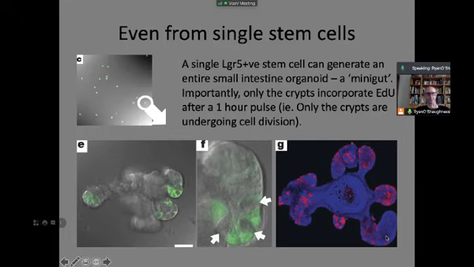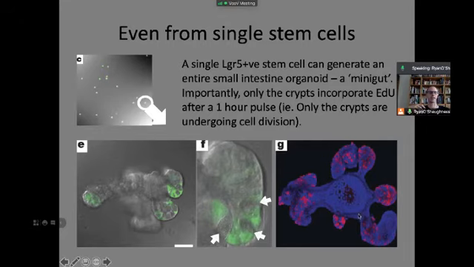And consistent with the stem cells being in the crypts and the transit amplifying cells being just above the crypts, here it's shown very clearly. We can see that in this region we see active cell division. These cells are spiked with a metabolic label, EdU, and looked at after 1 hour.